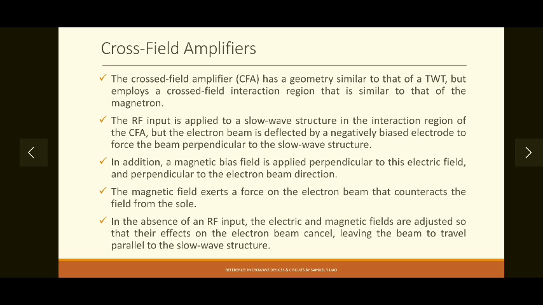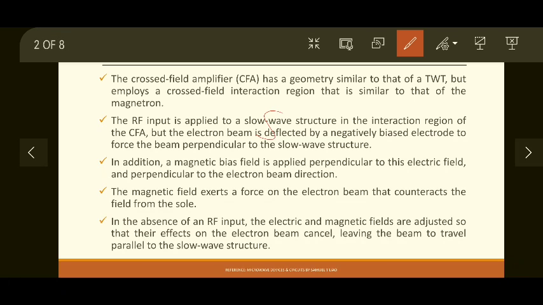Slow wave structures can be a helical coil, or sometimes a folded backline slow wave structure is also used. The electron beam applied to this CFA is deflected by a negatively biased electrode. That means apart from having anode and cathode, there is a separate electrode, also known as a sole electrode.